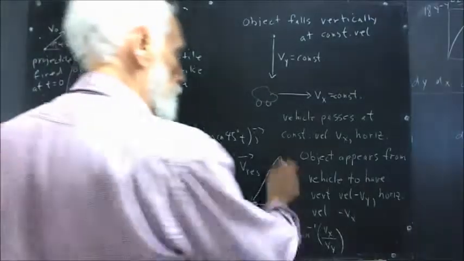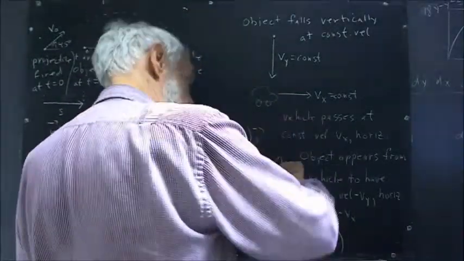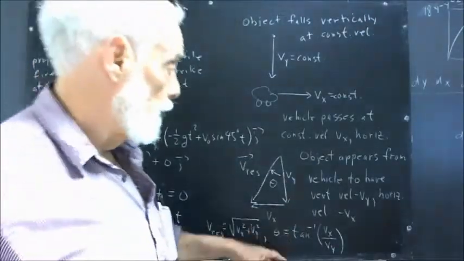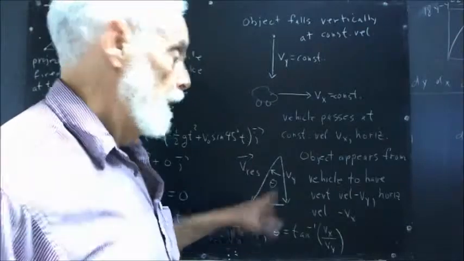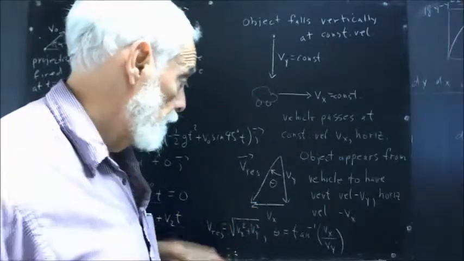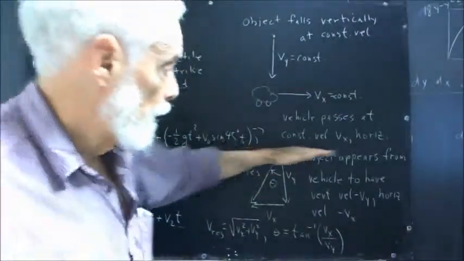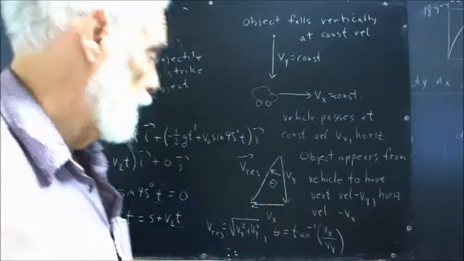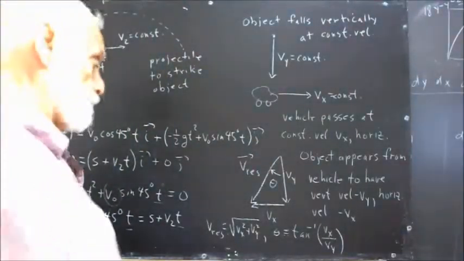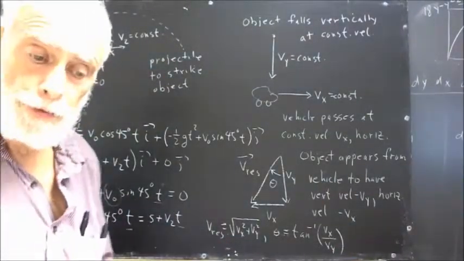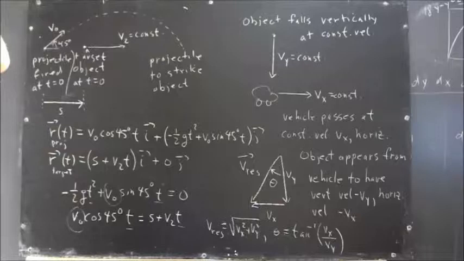Now we could superimpose an XY coordinate system here and draw the angle around from the positive x-axis, and in that case the angle would be the arctangent of Vy over Vx, and the way this is drawn, Vx is negative, so you'd add 180 degrees to that and you get the angle with respect to the positive x direction in the counterclockwise direction. So that works, and this is also relevant to at least one of the problems that occurred in the problem set for Chapter 3.